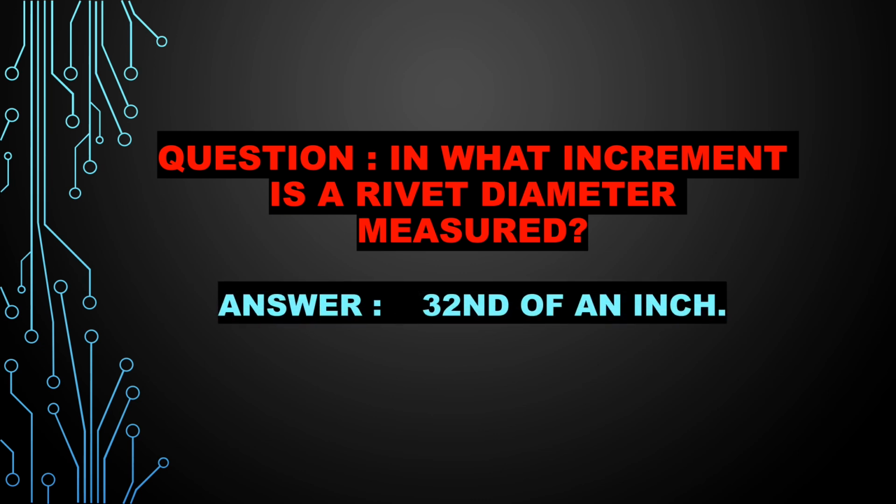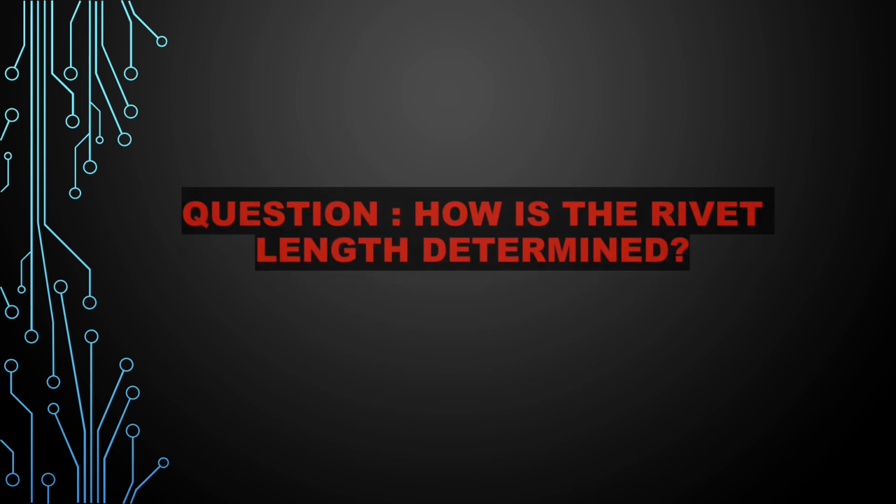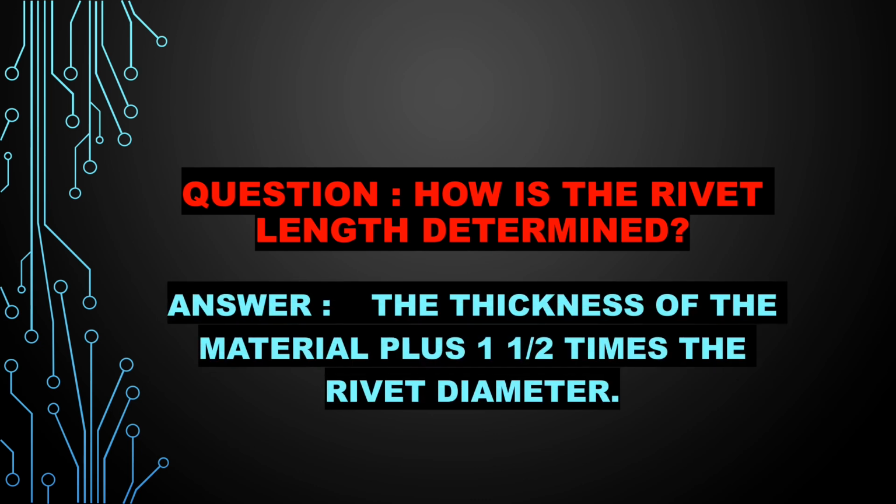Answer: 32nd of an inch. Question: how is the rivet length determined? Answer: the thickness of the material plus 1.5 times the rivet diameter.